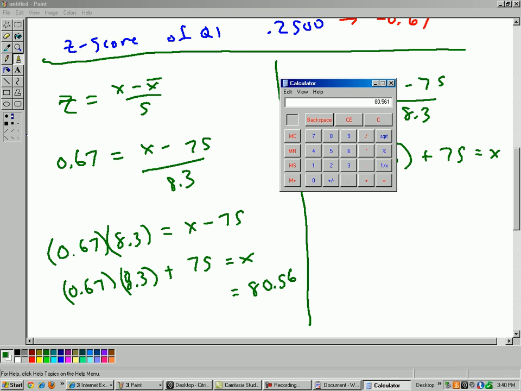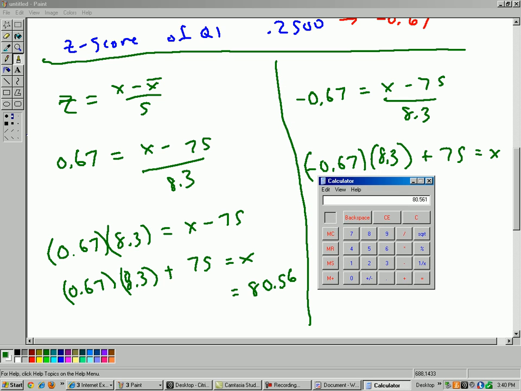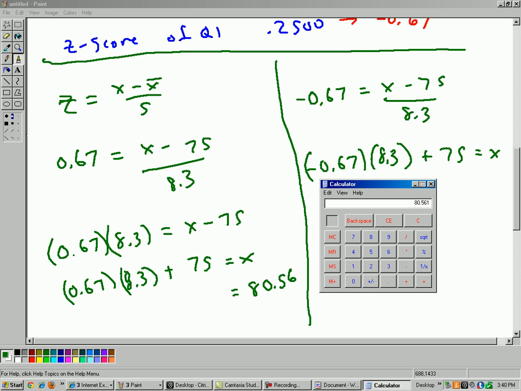So back to our calculator. Yeah, this has a minus key right there. So 0.67, turn that negative, times 8.3 is negative 5.561 plus 75, 69.44.